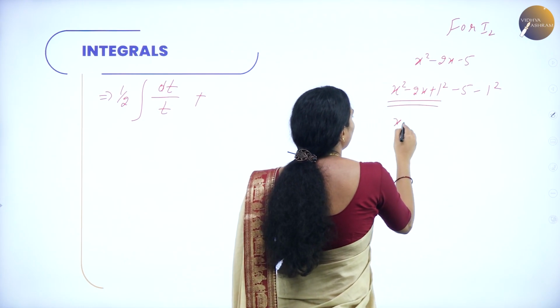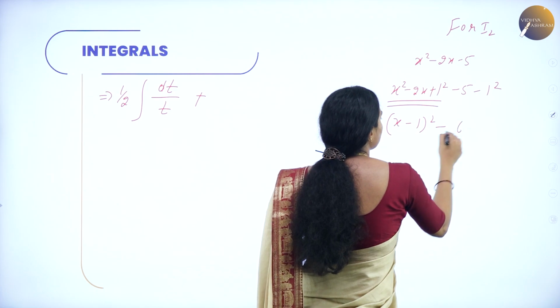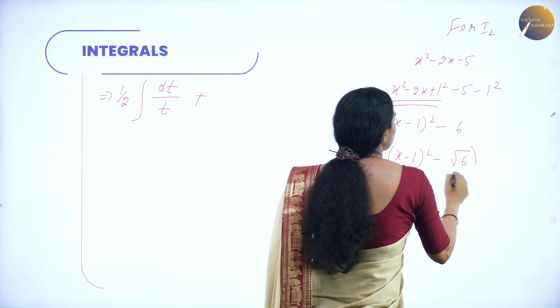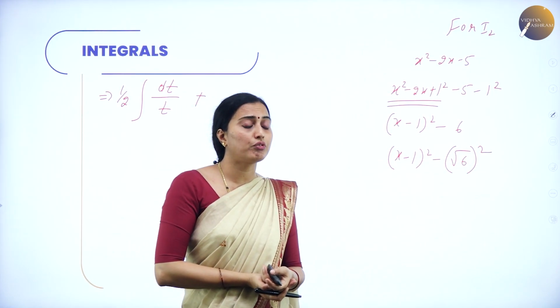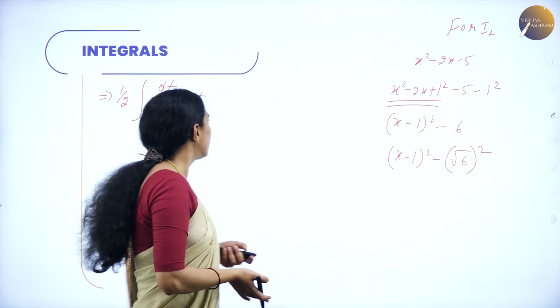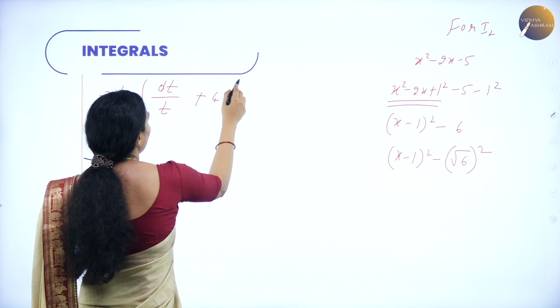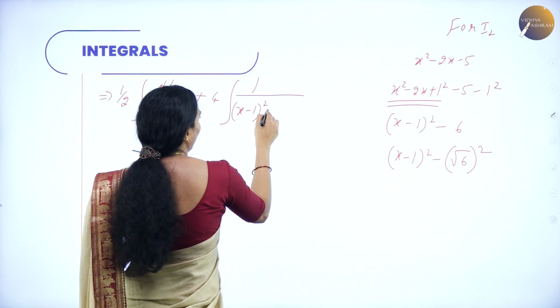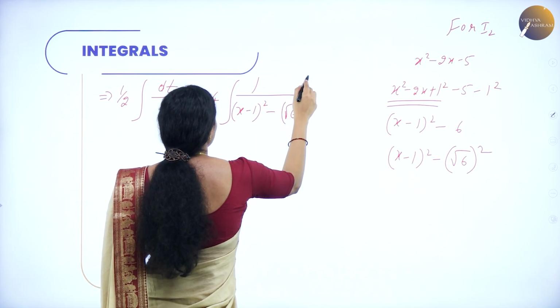Now this will become x minus 1 whole squared, minus 5 minus 1 is minus 6. Otherwise, x minus 1 whole squared minus root 6 whole squared, because I need to reduce it to the form x squared minus a squared. So the denominator I can have, already having plus 4 into integral of 1 over x minus 1 whole squared minus under the root 6 whole squared into dx.